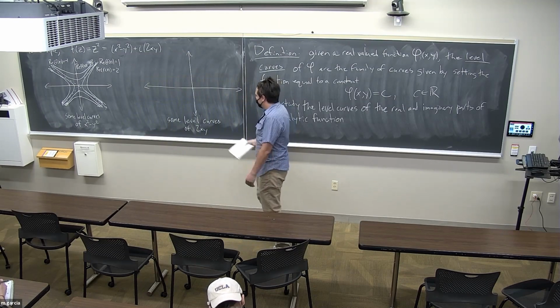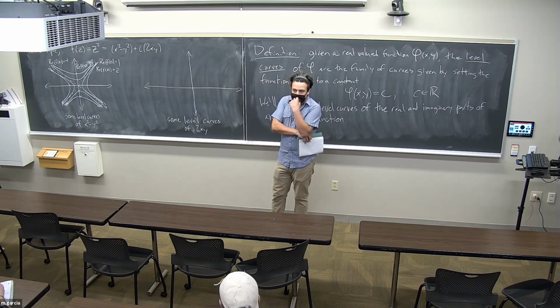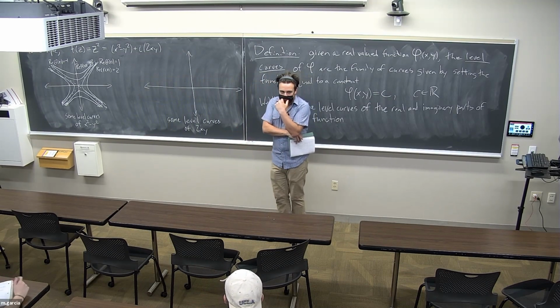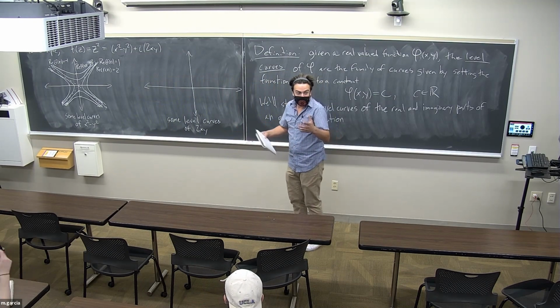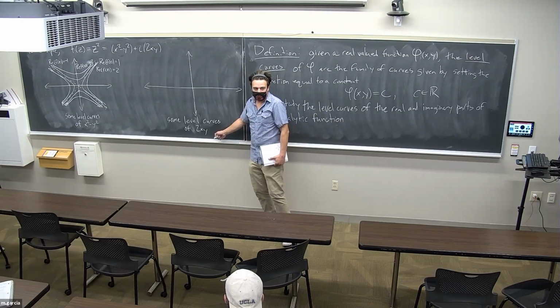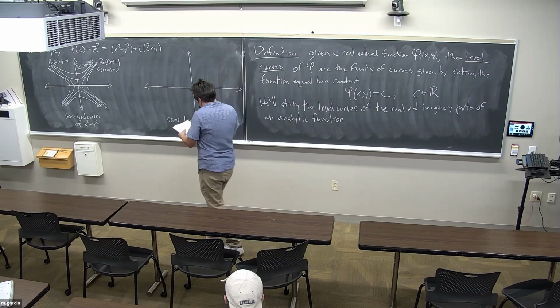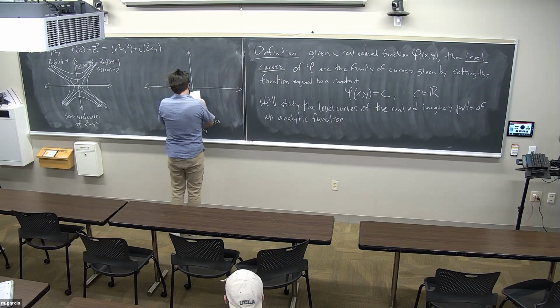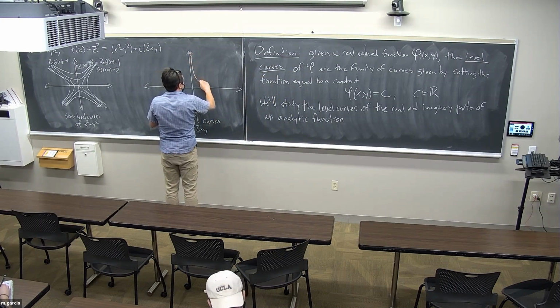What's the graph of this function look like in general? Yeah, it's another class of hyperbola, right? When I set this equal to a constant, I get another collection of hyperbolas. That is to say, here now my asymptotes are the axes.